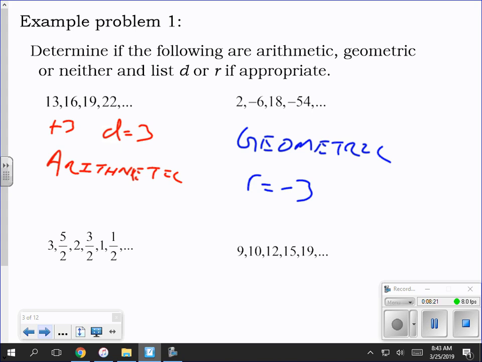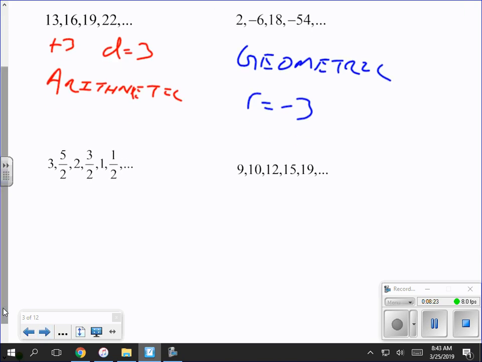Okay. This one is a little bit goofier, but I'm going to give you a hint on how to do it. Rewrite every one of these as a fraction over 2. So 3 is 6 over 2. 2 is 4 over 2. 1 is 2 over 2. And if I fill in the blanks with what's already there, 5 over 2, 3 over 2, 1 over 2.